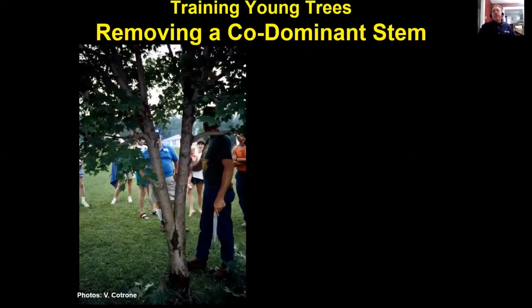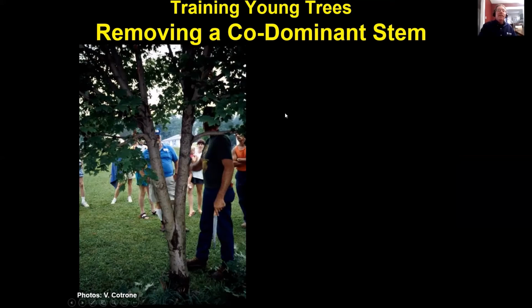So here's a codominant stem on a maple in a park setting. And I want to stress to you, so what we're going to do is break some rules here. Earlier, I said, don't take more than 25% live crown at any one time pruning, right? My slides said that. We're going to take 50% live crown. Now, we had 3 choices here with this tree, with this codominant.